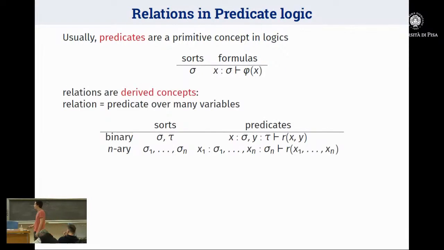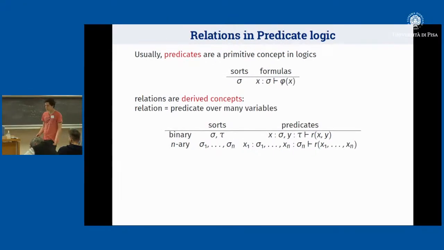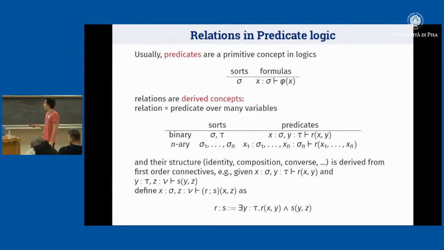You can talk about relations if you allow yourself to have more than one variable, and then you take a formula over a context with many variables, and this is a relation. You can define relational constructs in terms of first-order connectives. So the composition of binary relations can be defined by an existential quantification and a conjunction. This is standard stuff.